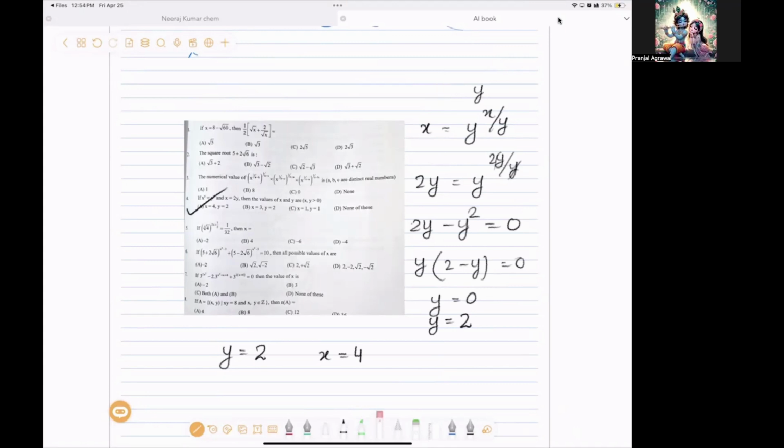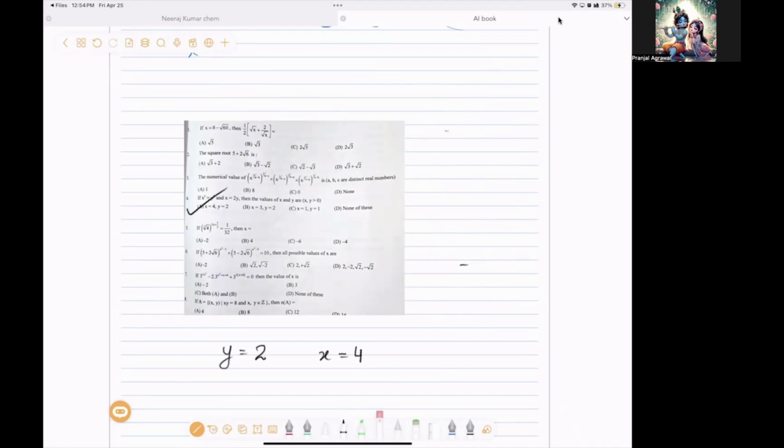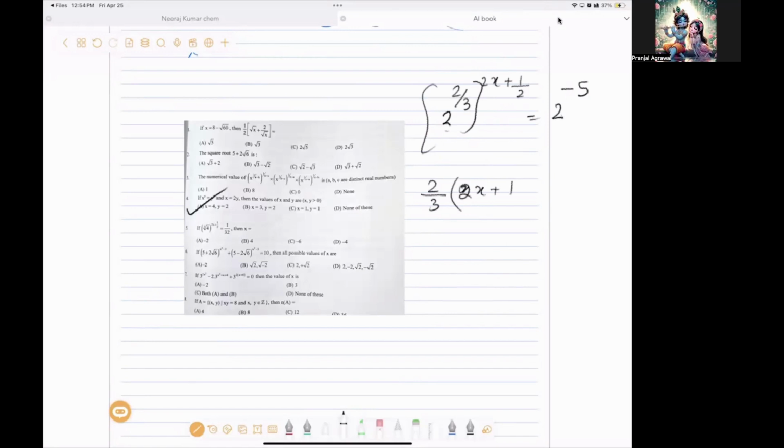Now let's go to question number 5. In question number 5, if you proceed step by step, you will get the answer. So can we write (2 by 3) to the power (2x plus 1) by 2, and can we write 2 to the power minus 5? So can we remove the base, and can we write (2x plus 1) by 2 is equal to minus 5?